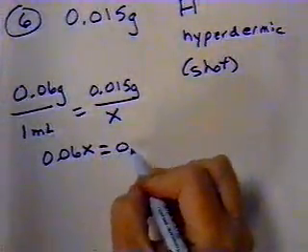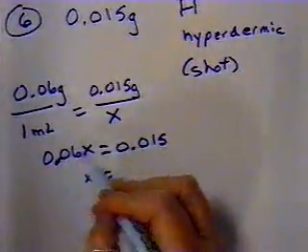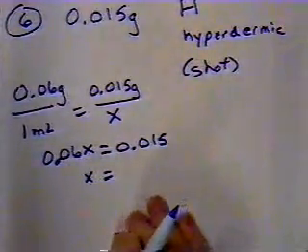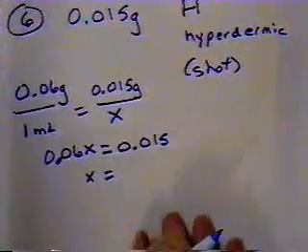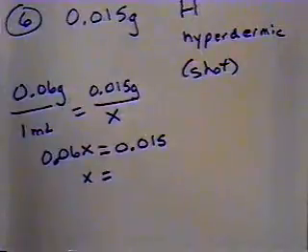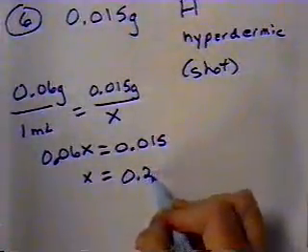0.06 times 2.5 is 0.15. Now, because these are in milliliters, they're metric, we always just do this on your calculator. Just let your calculator do all of these oral and parental problems. Now, my answer is 0.025.